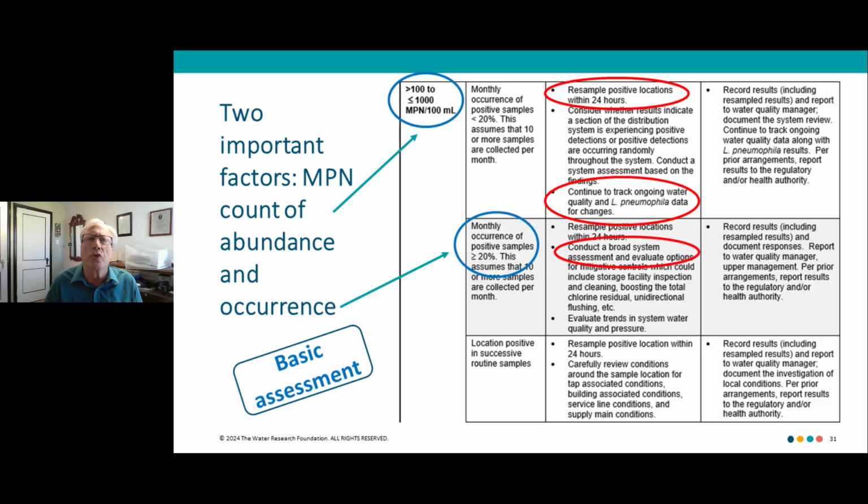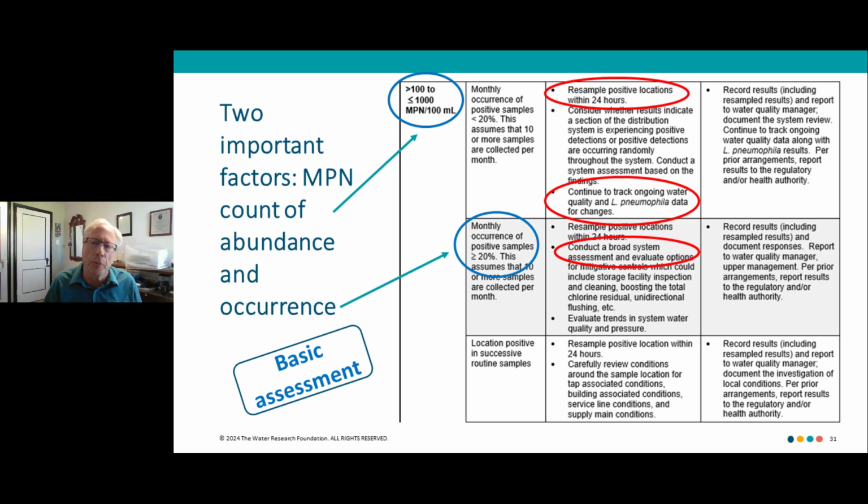And so based on those two things, if we get an elevated count greater than 100 MPN per 100 mL, in this response protocol, we considered that a little bit elevated above baseline. You go back, take a resample, you continue to track it. That's the original sample, the resample. You keep an eye on it, keep tracking it.